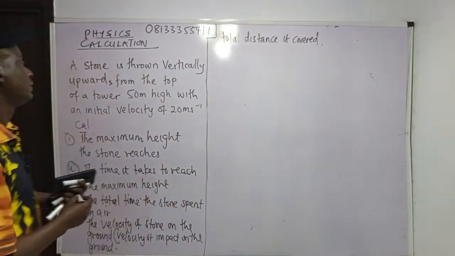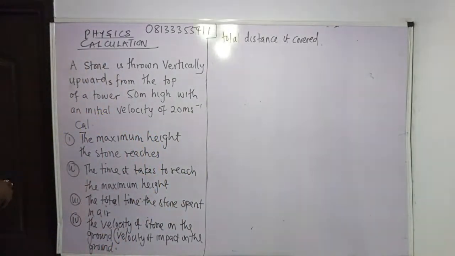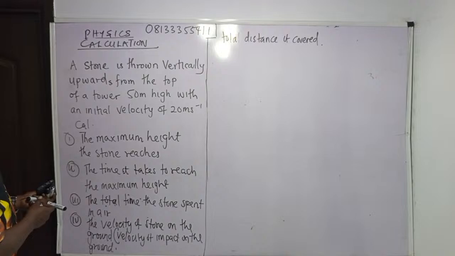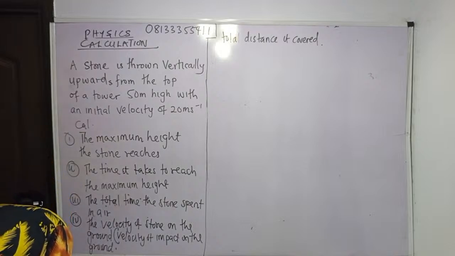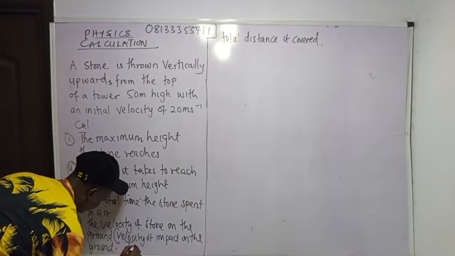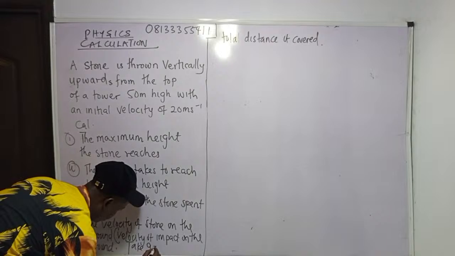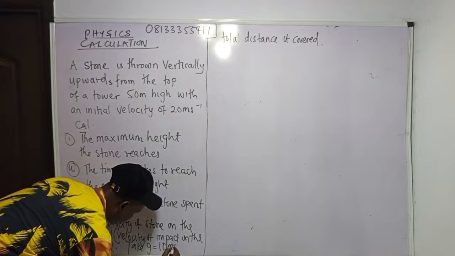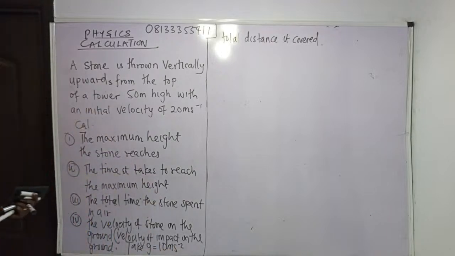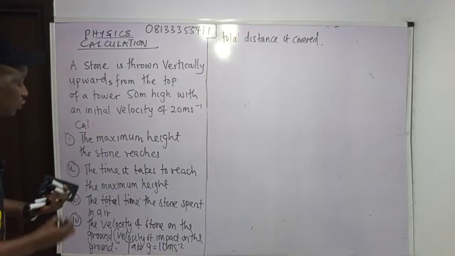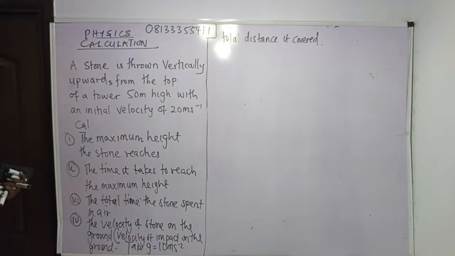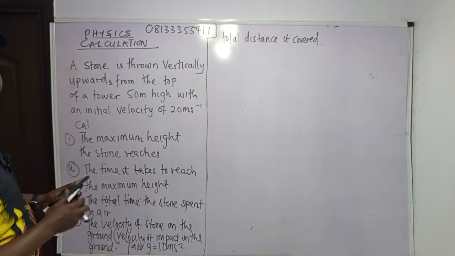Now they said the stone is projected upward. They said take G to be equal to 10 meters per second square. We don't even need another thing. A stone is projected vertically upward.